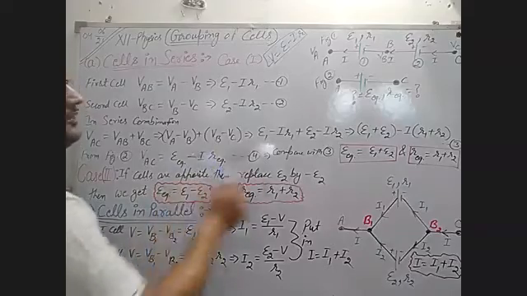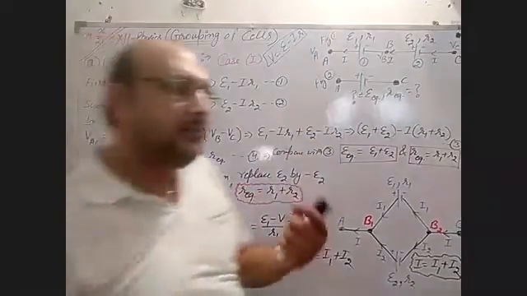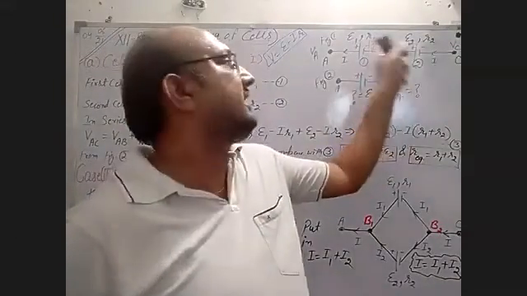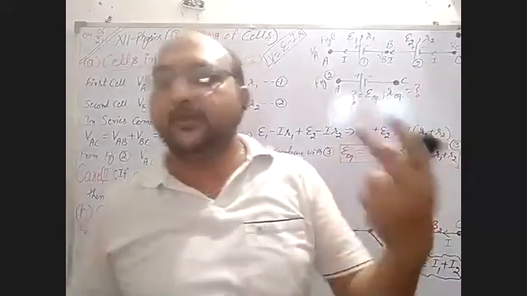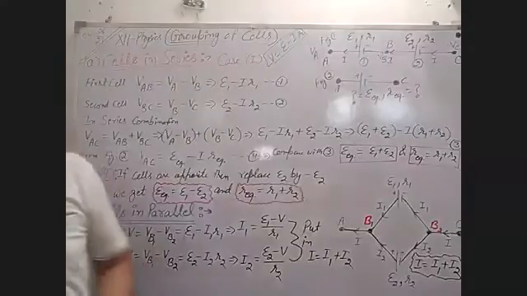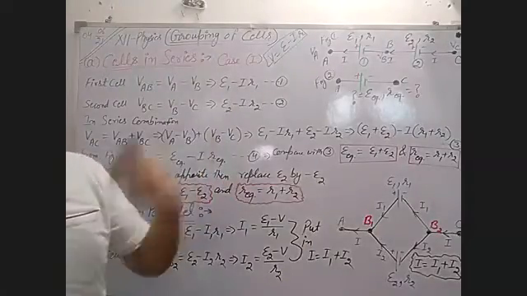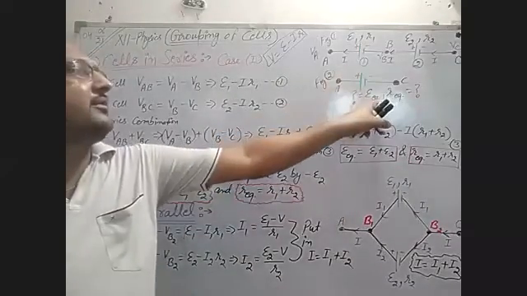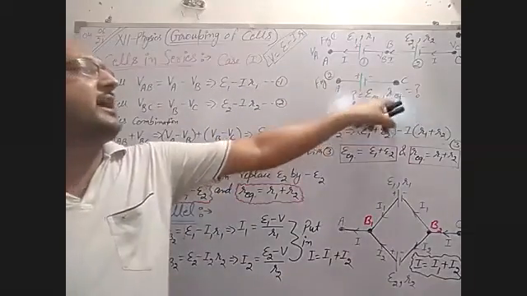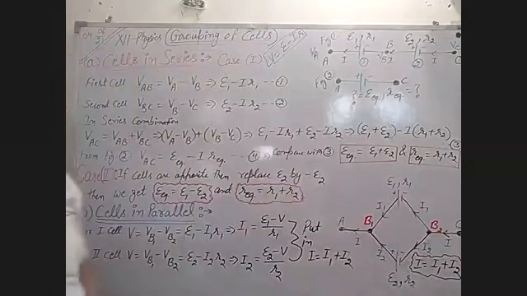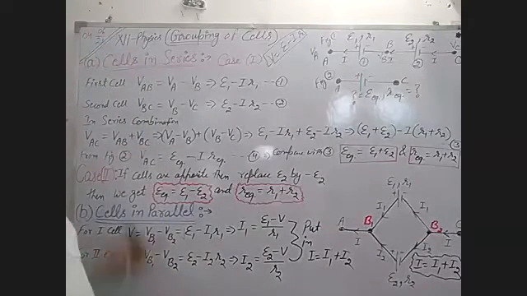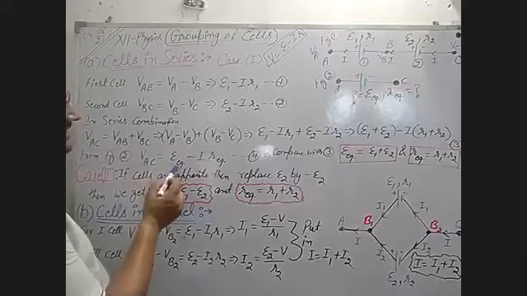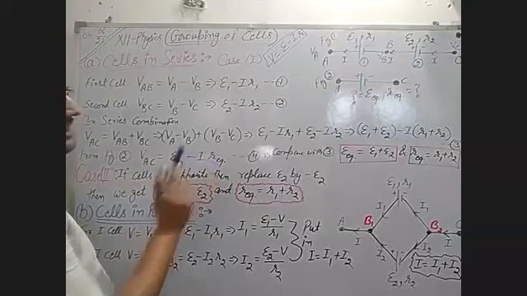This is the equation we are taking for this, because there are 2 cells, maybe 3, maybe 4. In number there will be more and more cells, but we are taking only 2, and the net effective or equivalent EMF is E equivalent and internal resistance R equivalent.